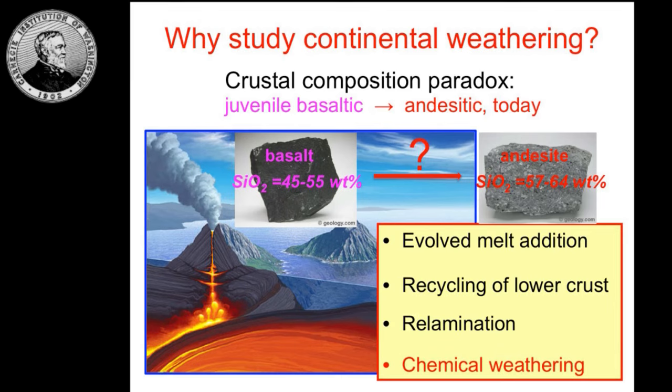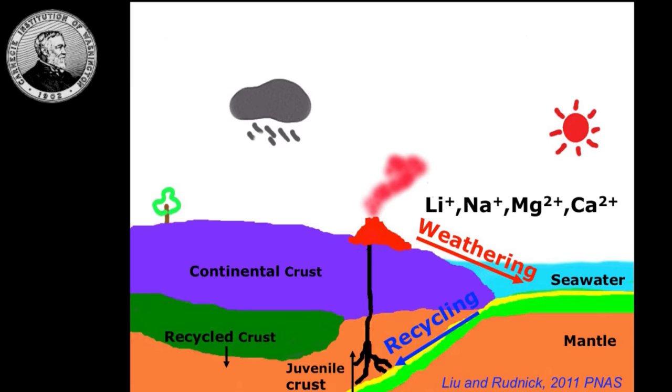And of course, the focus of today's talk, I'm not going to talk about the other three mechanisms. I would like to pay more attention to chemical weathering as one mechanism for changing the crustal composition and mass. So this is a very childish cartoon. Oh, I drew it, so it's not to scale, of course.